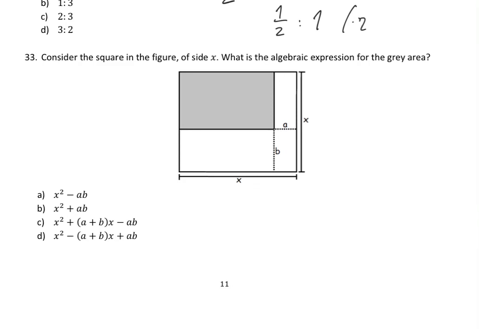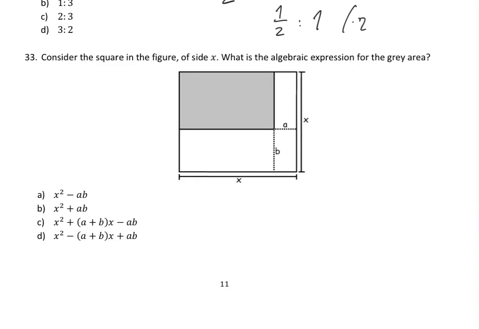Consider the square in the figure of side x. What is the algebraic expression for the gray area? All right, this one is a little harder. Just a little. A tad. So we want to know the area of the gray rectangle. To know the area of a rectangle, we need to know the length of the base and the width.